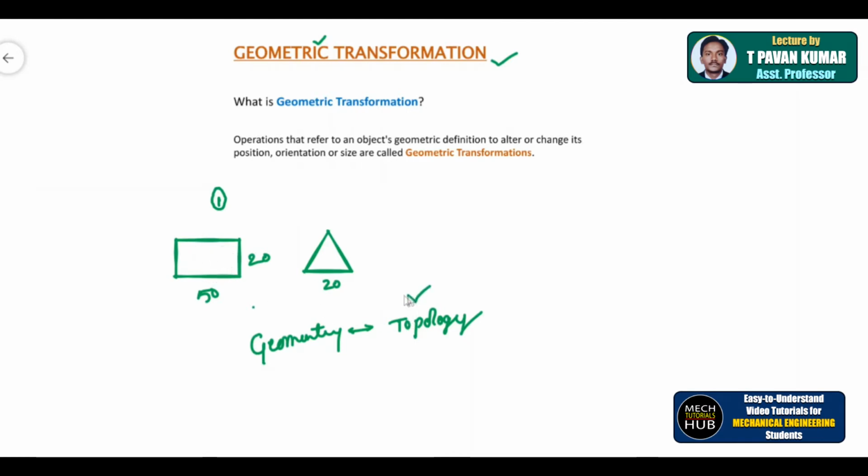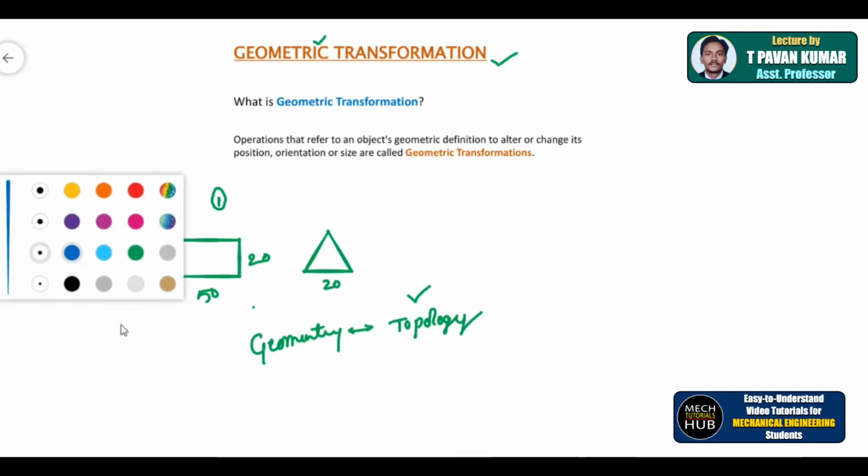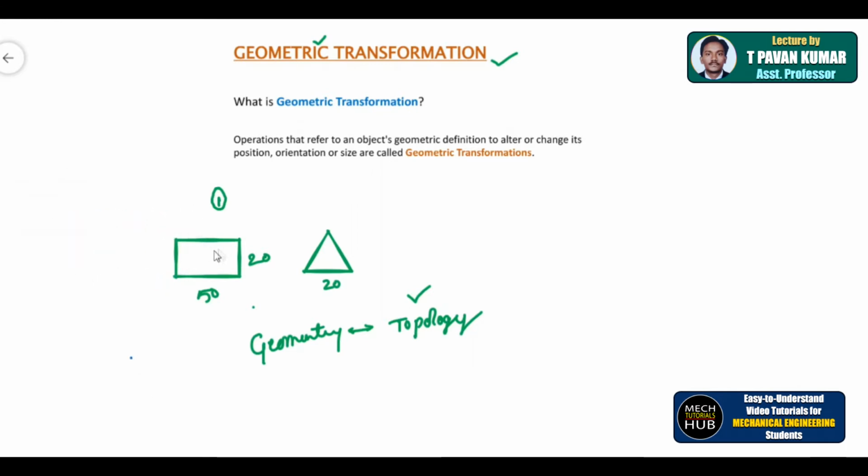For topology, let us say I name these lines L1, L2, L3, L4.